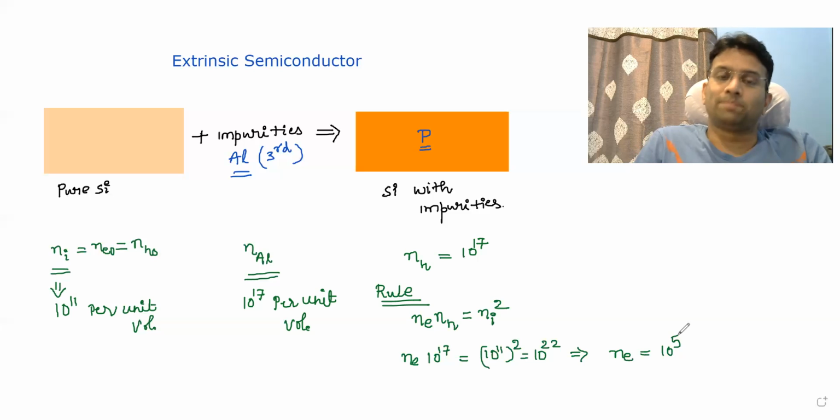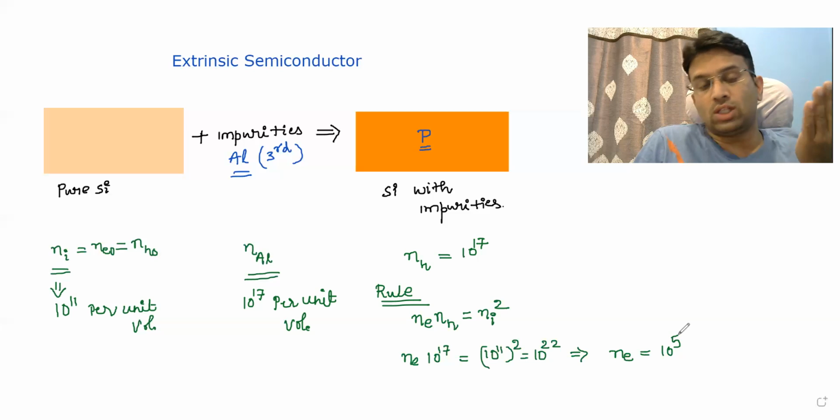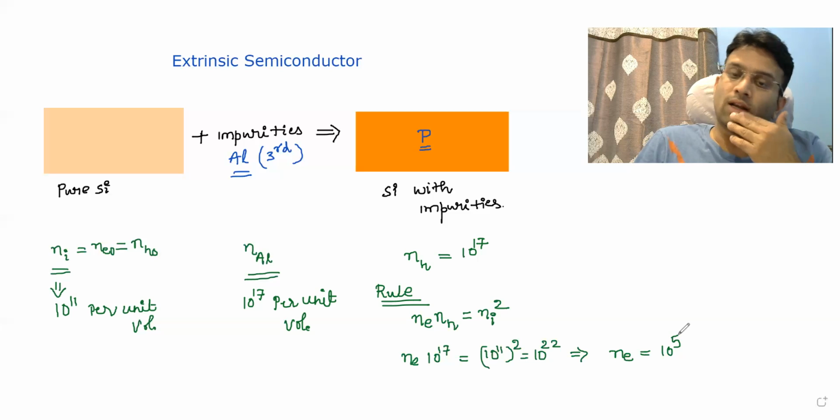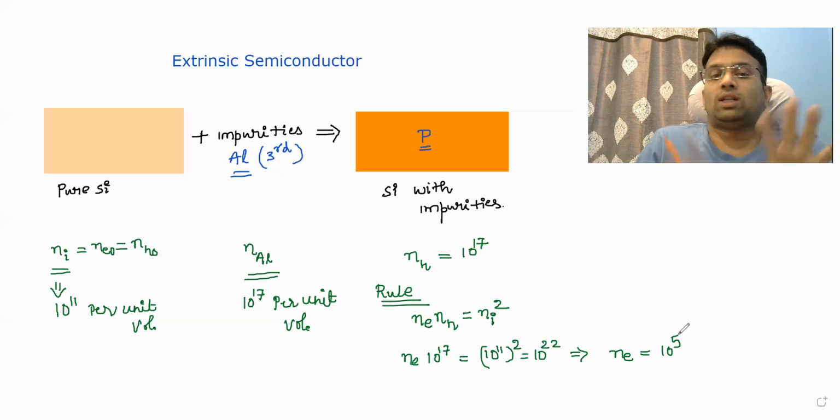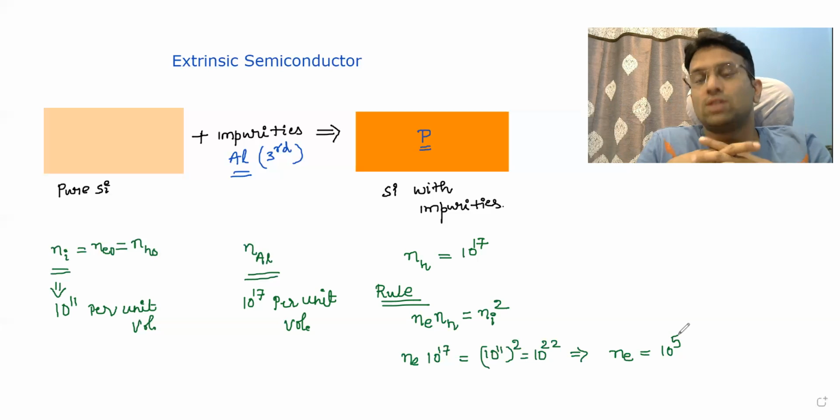So if you see, we had 10 power 11 holes and 10 power 11 electrons in the original intrinsic semiconductor. But when we make the number of holes 10 power 17 by adding impurities, the number of electrons drastically reduced to 10 power 5, so that the multiplication always remains the same.